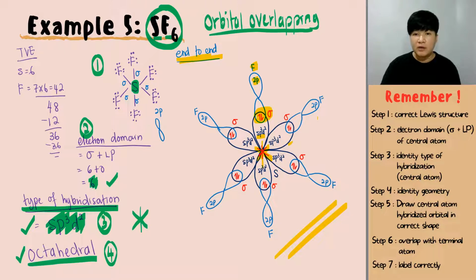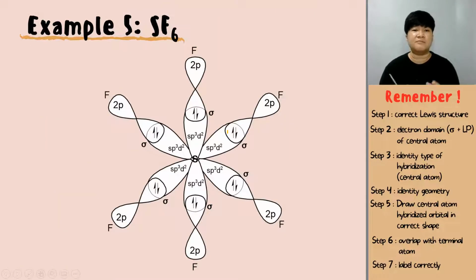So every single one of them will overlap end to end with a 2p orbital of fluorine to form this sigma bond. Okay, and that is how we draw the orbital overlapping. As simple as that. And this is definitely a better version of your SF6 that I can show you, where the shape is nicely drawn.